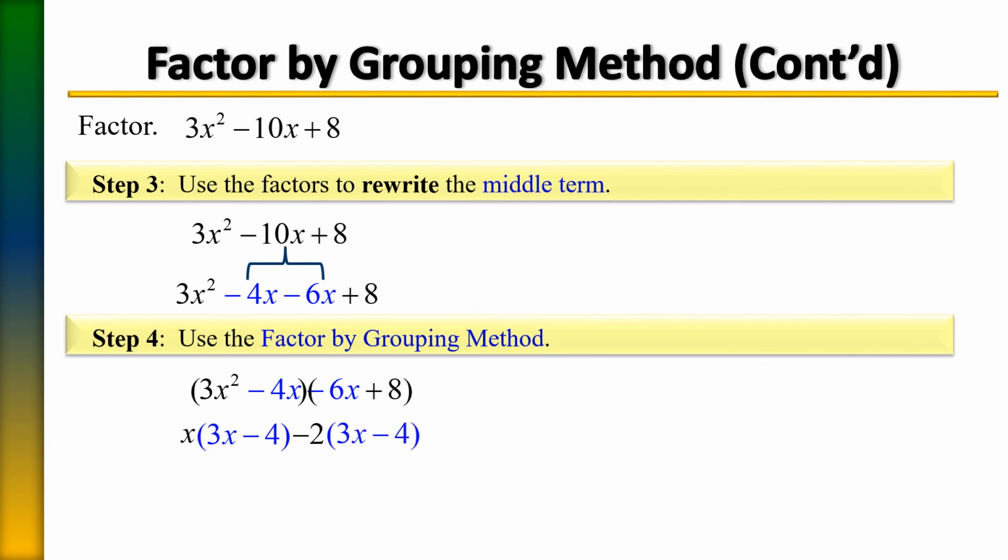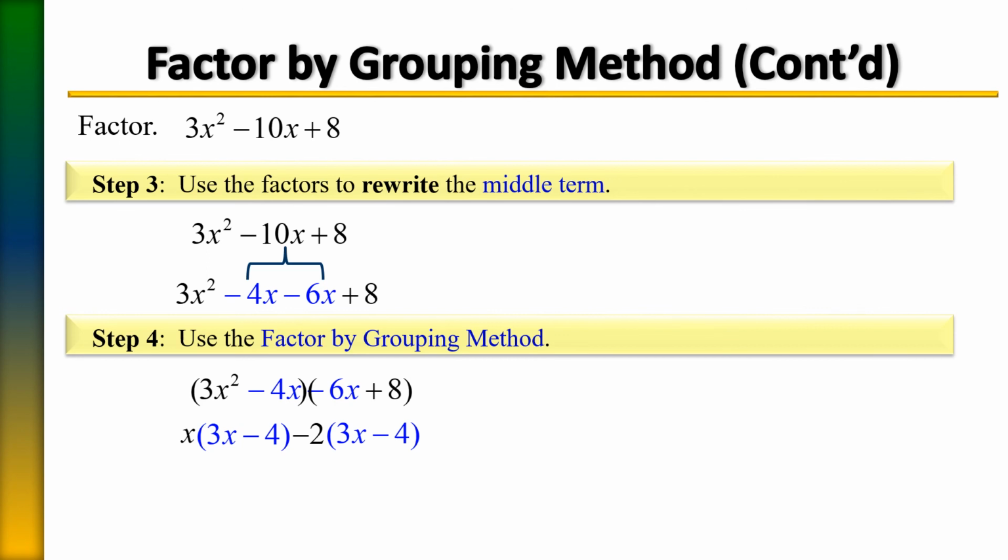And notice when you're using the factor by grouping method, whatever is left over once you take the GCF out will be identical. So we're not done, because I can see that we still have a GCF of those two terms. And what is that GCF? That is correct.